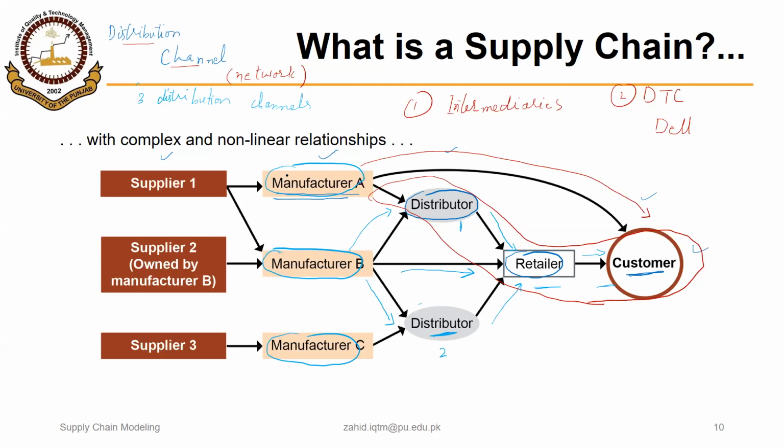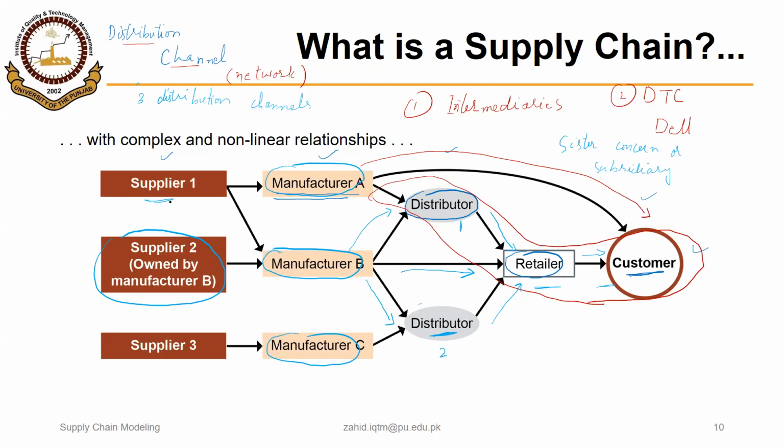So one more thing that you might observe is that this supplier 2 is owned by manufacturer B. So maybe it is another organization that is sometimes also called a sister concern or subsidiary of manufacturer B. And again, physically that might be within the plant, maybe, or might be an independent plant, but that is not an independent supplier like supplier 1 and supplier 3.